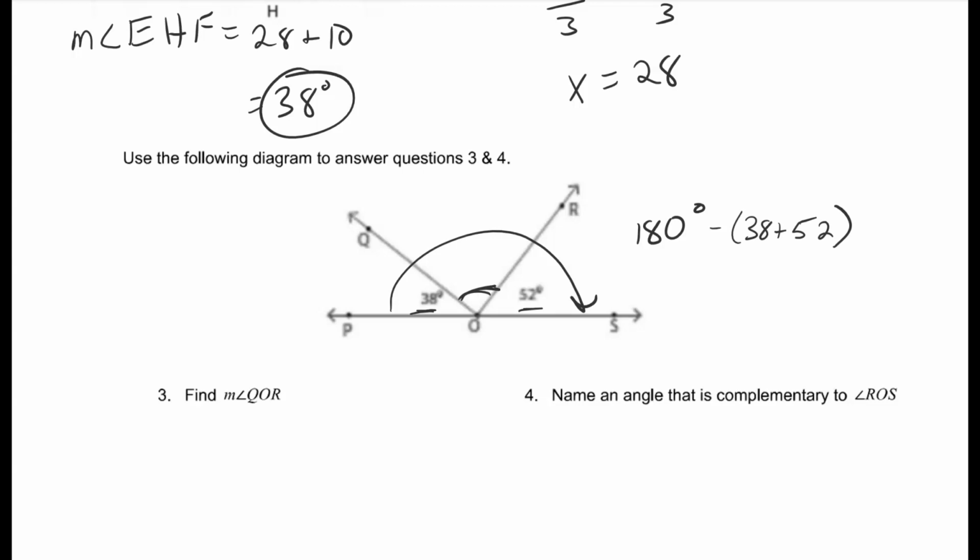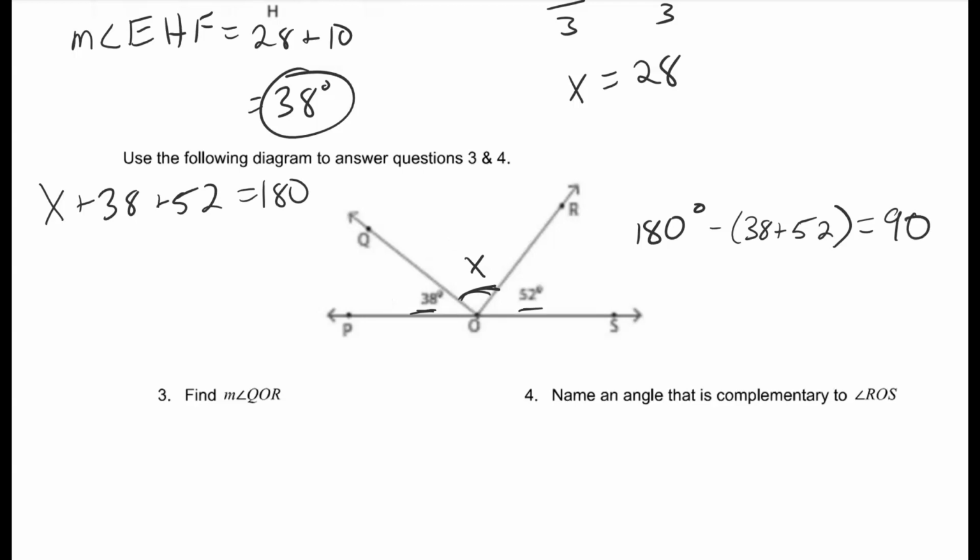Now if you wanted to set up an equation, you could label that as x, and do x plus 38 plus 52 is equal to 180, but I like to just do it in one step here. So when I subtract those, I find that my missing angle is actually 90 degrees. So I'm going to mark it with a box there just so I remember that.